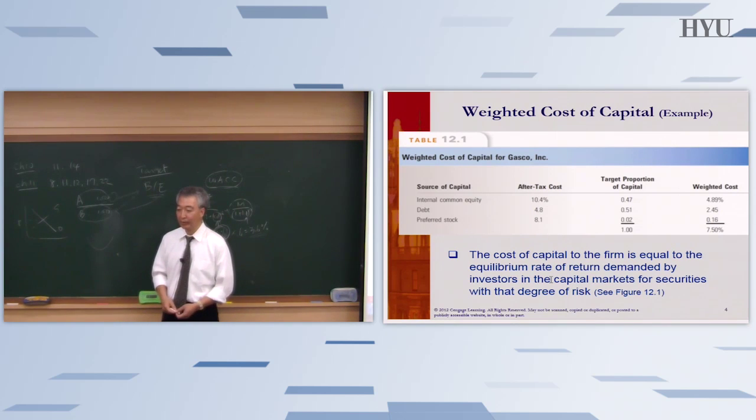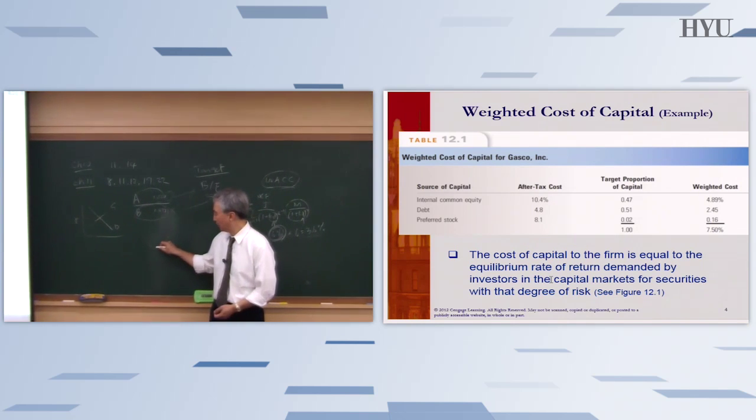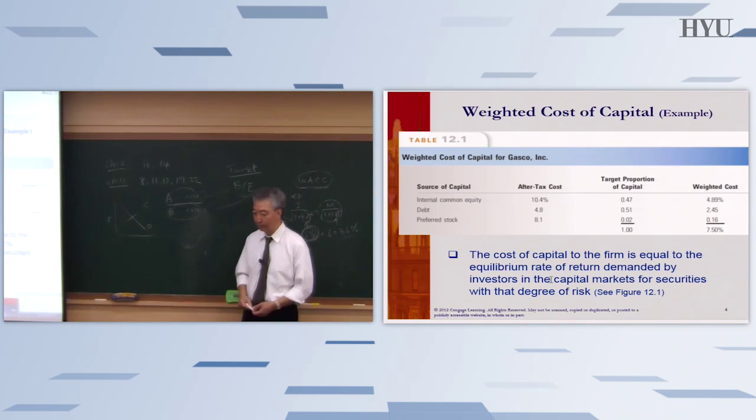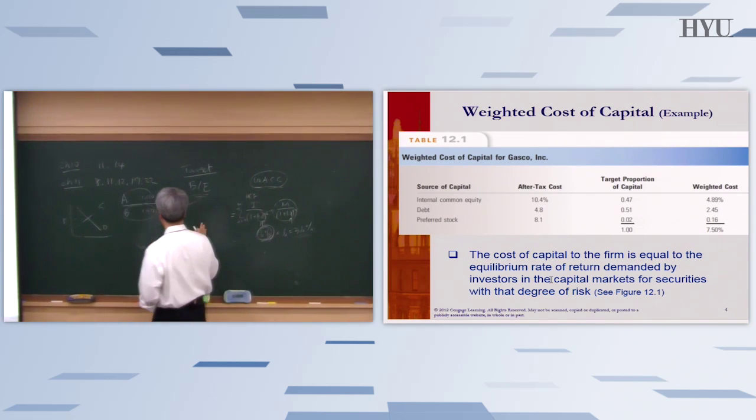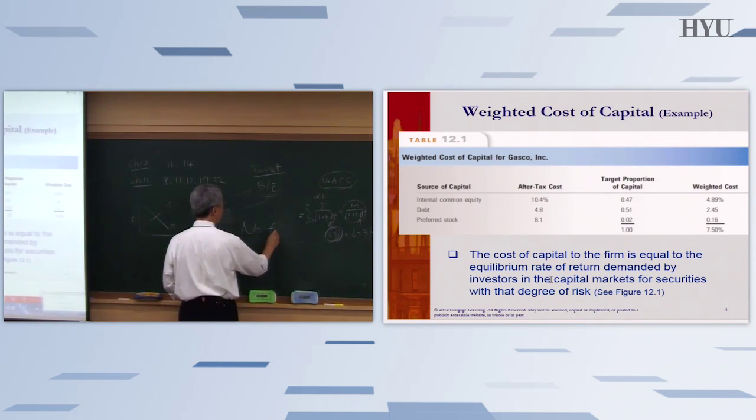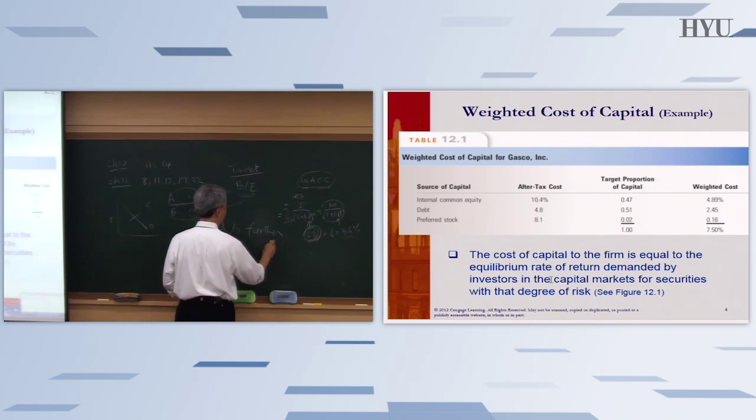In physics or natural science, equilibrium means the system is in a stable condition, no further change.